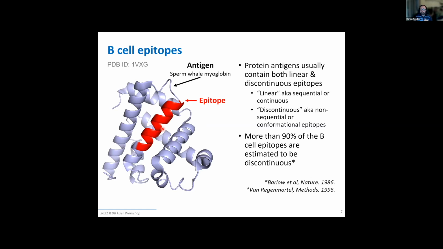If you don't have the conformation data, for example, I can synthesize an epitope, a linear sequence from this part of the protein here, and the antibody is going to recognize this. But you don't know which amino acid is going to interact with the antibody. If you don't have the conformational data, you're going to treat this as a linear epitope.